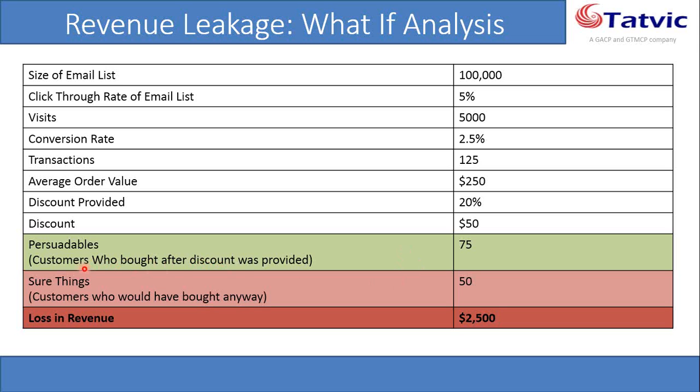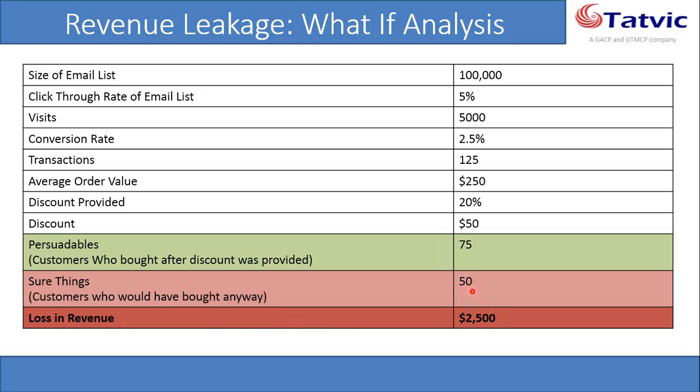There might be a section of customers who made a purchase only after a discount coupon was provided, assuming that is 60% of 125, which is 75, and there are those customers who would have bought anyway, maybe at a later time, but they might have bought even without a discount coupon. That is 50. So the loss in, I must say this is a mistake on my part, it's margin actually.